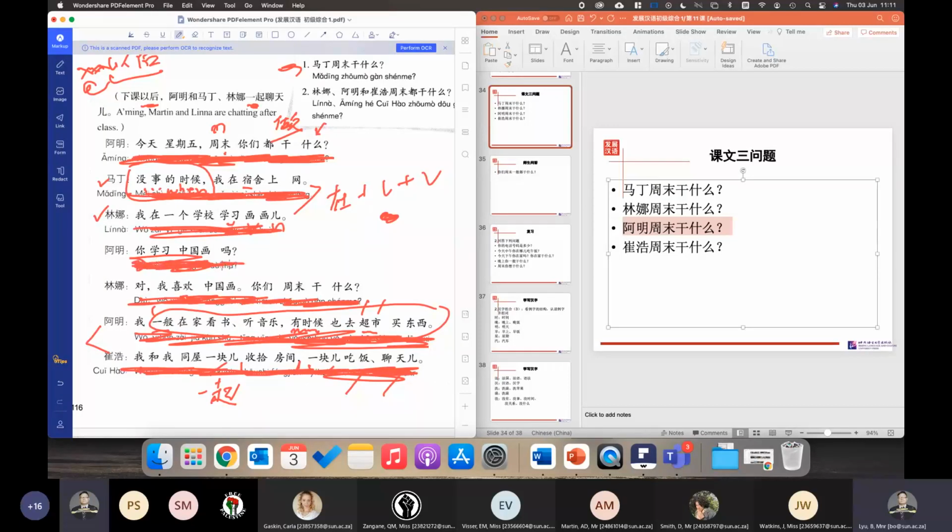Try to read it by yourself. Yes, I'm so bad at reading without pinyin.